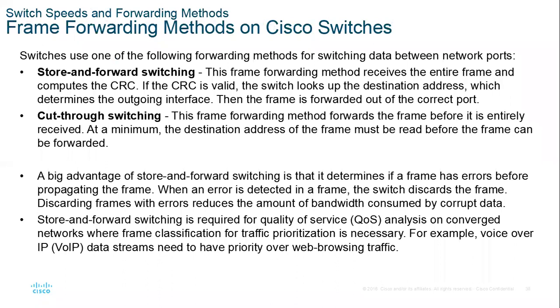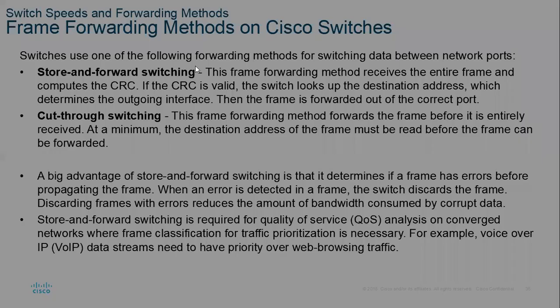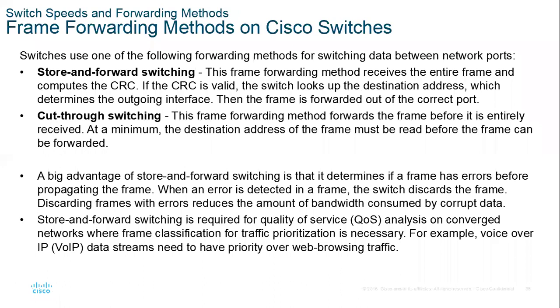Let us look at a few. Store and forward. So here, no error correction, right? This frame forwarding method receives the entire frame and computes the CRC, which is your cyclic redundancy check.